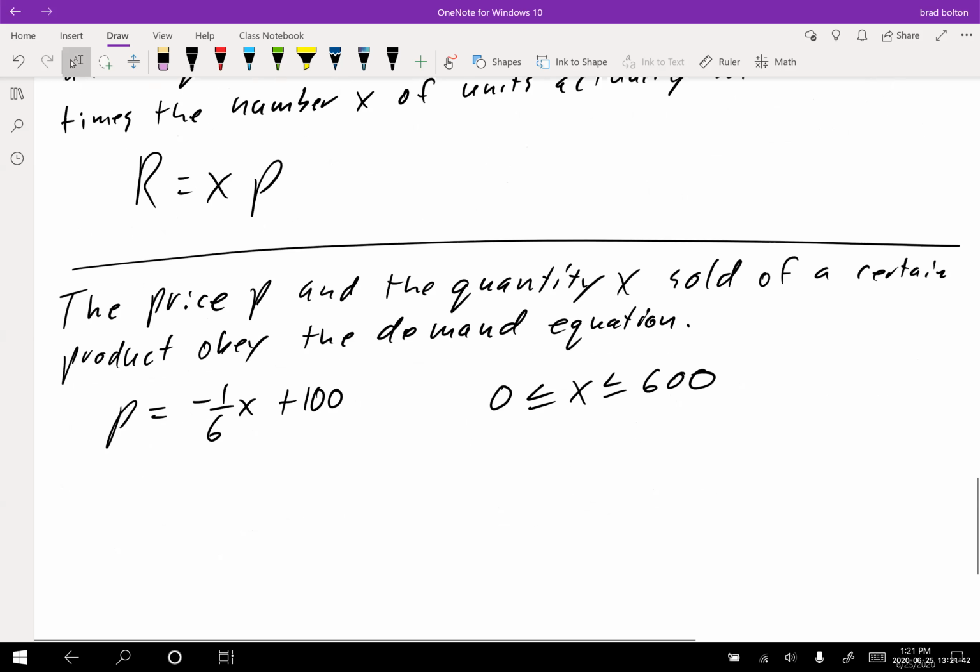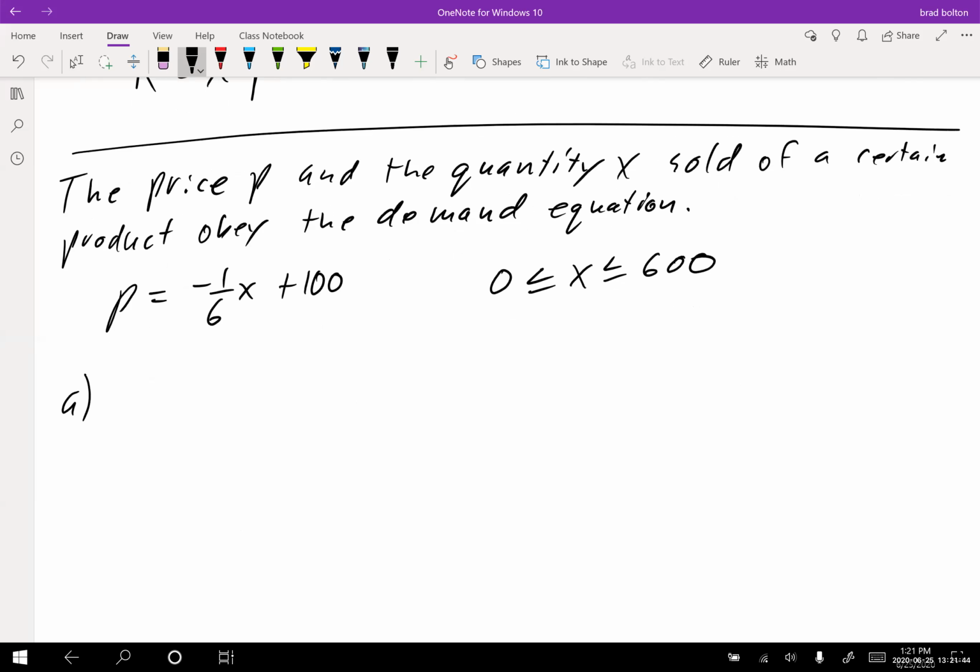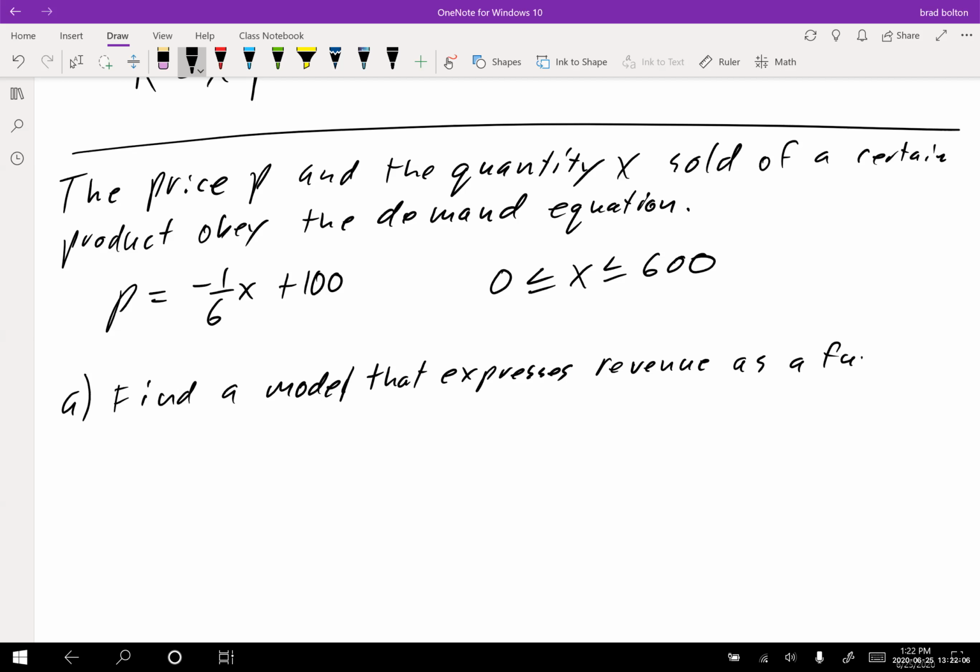So part A says, find a model that expresses revenue as a function of X. And this is normally what they want.